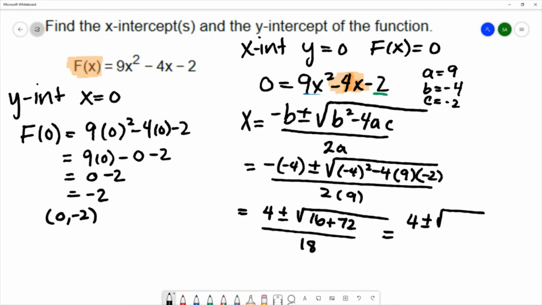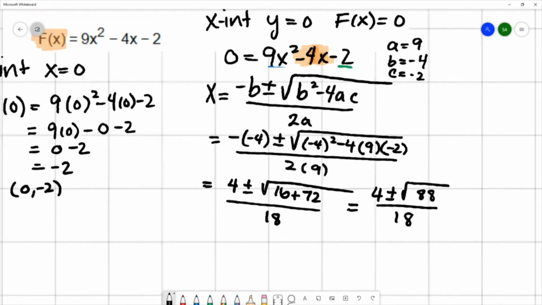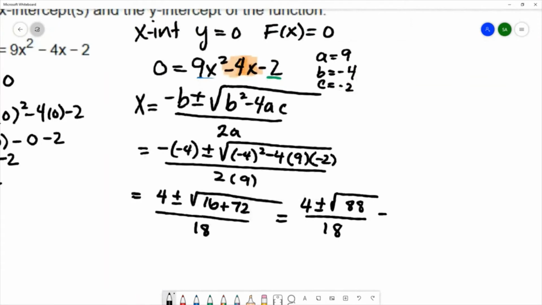Underneath the radical, I'm going to add 16 and 72, which would give me 88. And then I want to try to simplify that radical. And when I simplify the radical, I'm looking for perfect squares. So I'm looking at factors of 88.